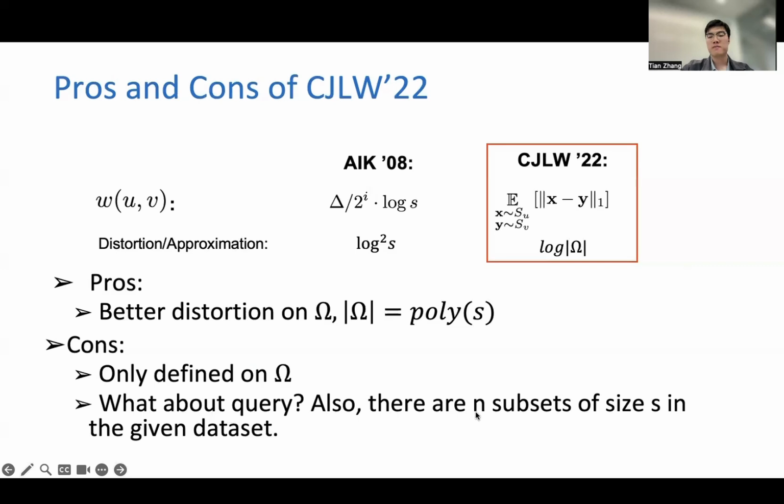Also, in the ground matrix space of the EMD, there are n points in EMD of size S, which means there are n times S many elements in the ground matrix space that leads to a distortion of log n times S, which is bad for us. So we cannot directly apply this tree embedding for our ANN task.